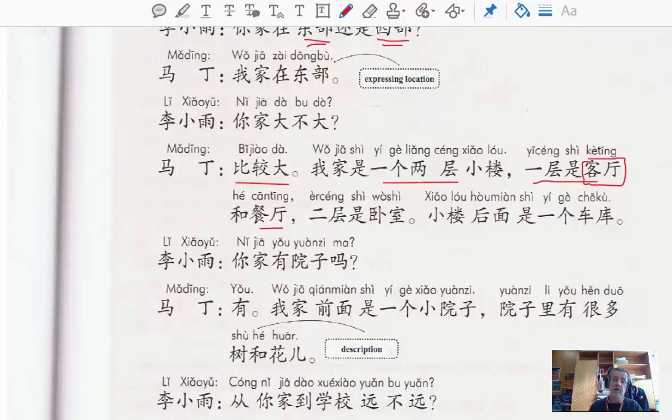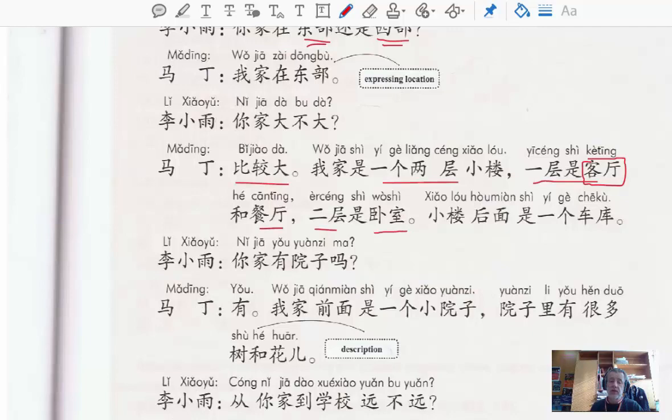But if we're referring to a private home, then that would refer to the dining room. So 客厅 is the guest hall and 餐厅 is the meal hall, but in terms of a house, it's a room. 2层是卧室. So the second floor is 卧室, bedroom.